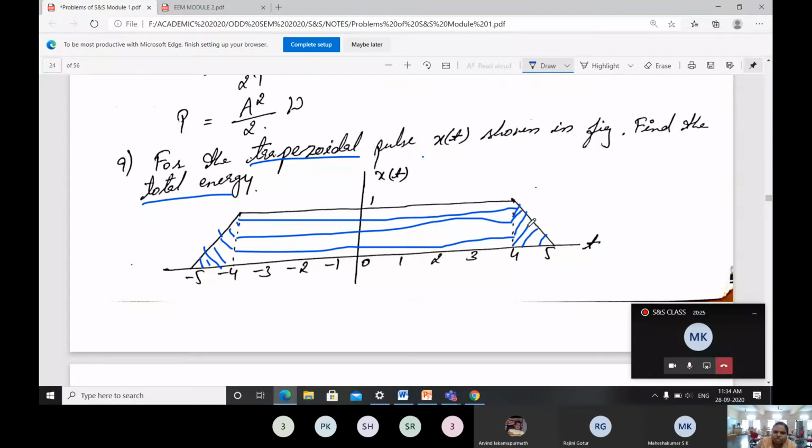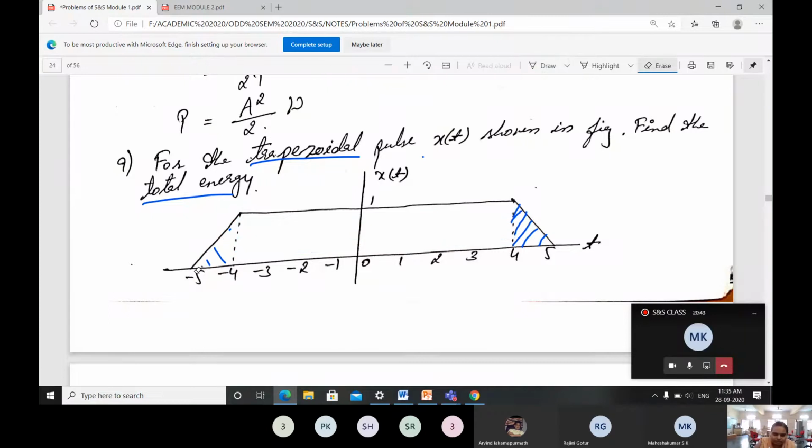You can use the area equation, half into breadth into height for a triangle, and length into breadth for the rectangle. Like that you can use the area of each part. Or else, we are going to divide the whole pulse in terms of lines.